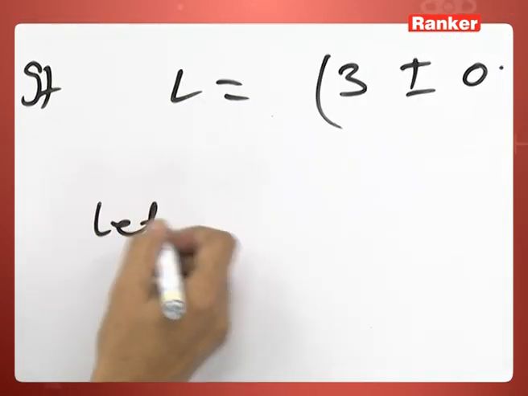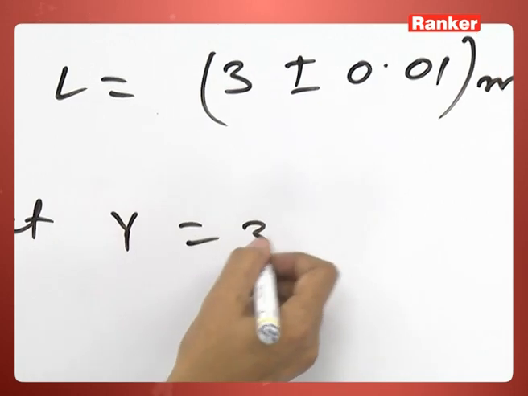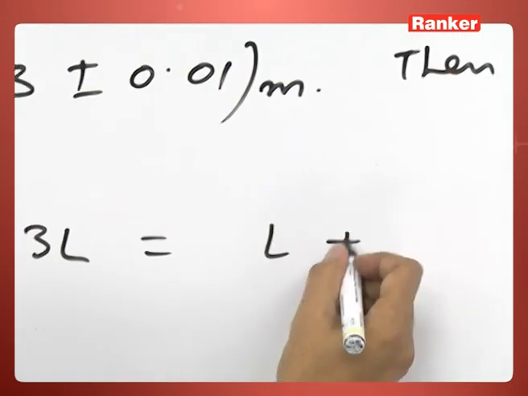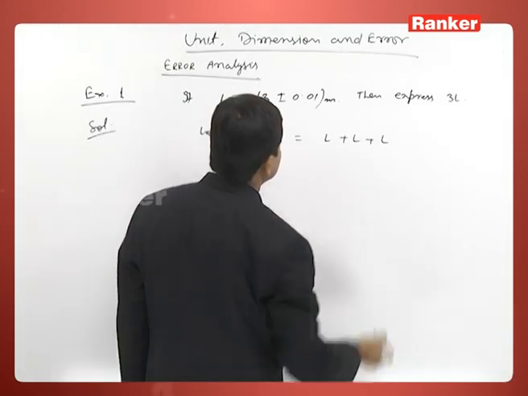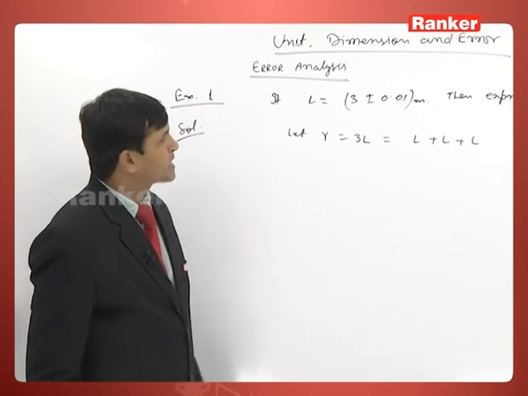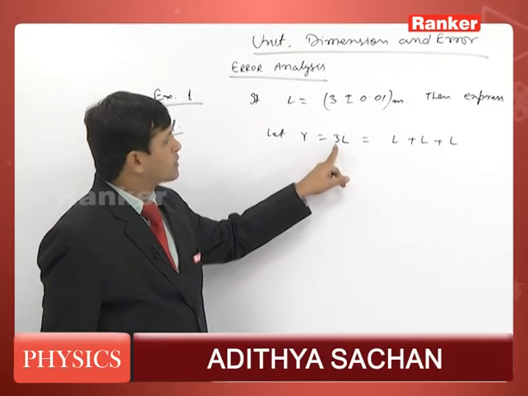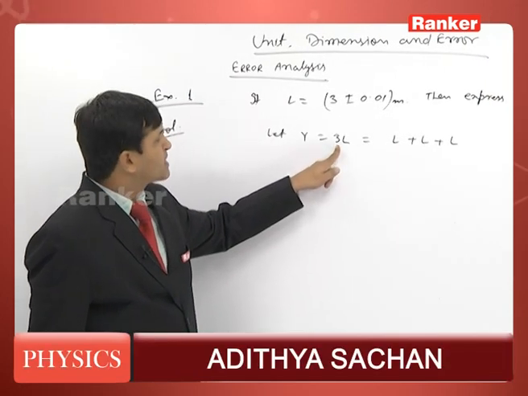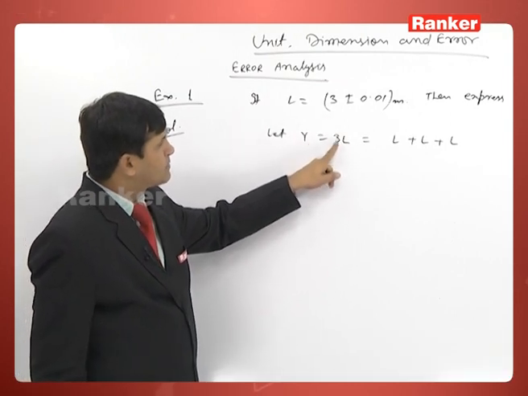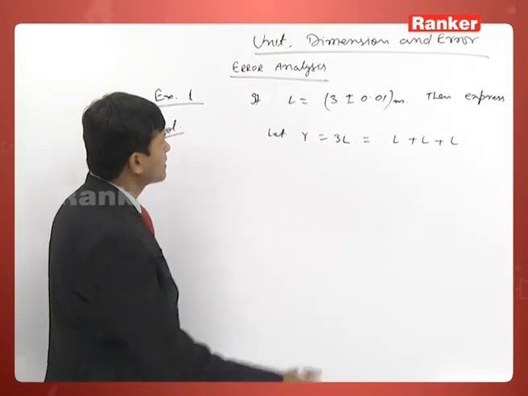Let y be 3L, and this is similar to L plus L plus L. So here the method is multiplication by a constant. If a constant multiplies the value of L, that constant will multiply all other terms.